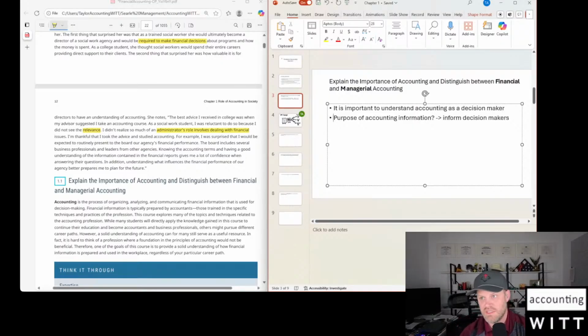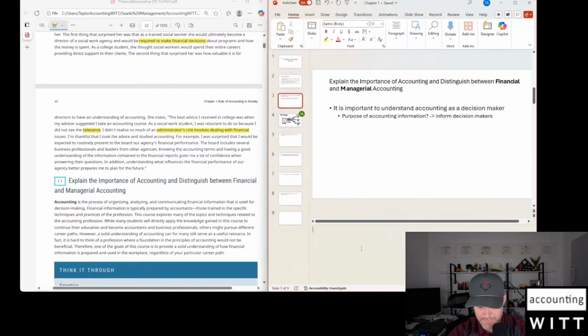So if I wanted to teach this concept, one thought I have is, what happens if you are a manager and you don't know accounting? Like not knowing anything about accounting, you're pretty much flying blind.